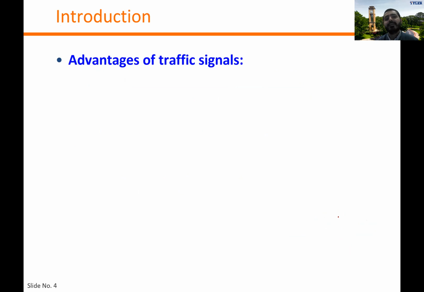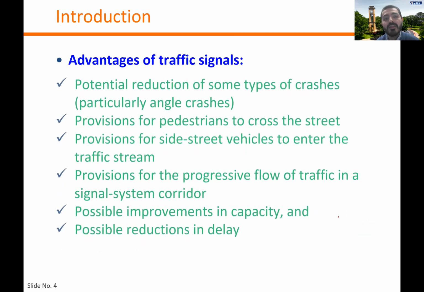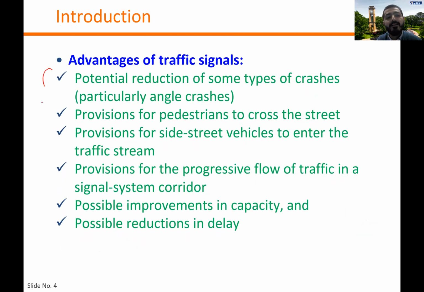So speaking of traffic signals, what are some of the major advantages of having one? Those are some of the bullet points here. The first one is that, if it's designed right, we can potentially reduce some types of crashes, mainly angle crashes.